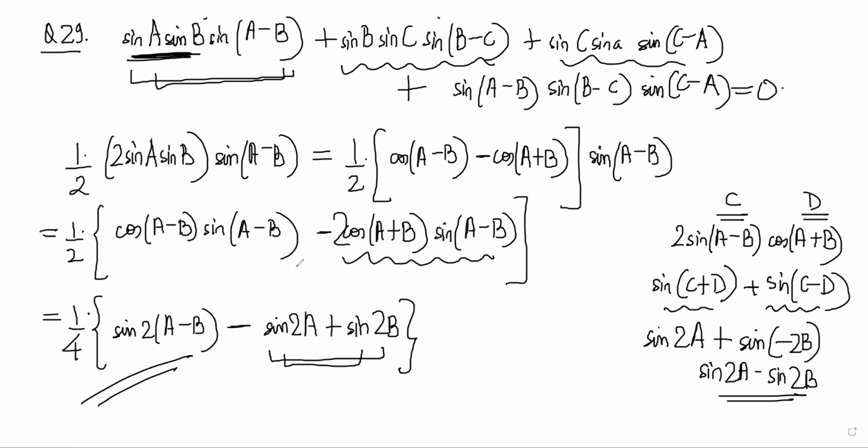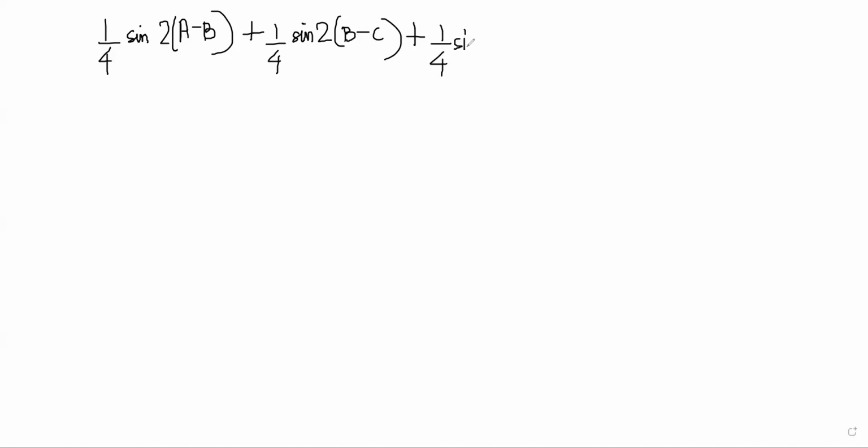I can write this finally as 1 by 4 sine 2 times A minus B plus 1 by 4 sine 2 times B minus C plus 1 by 4 sine 2 times C minus A. This is my first 3 terms. I will not worry about the last term right now. I will just try to simplify this.